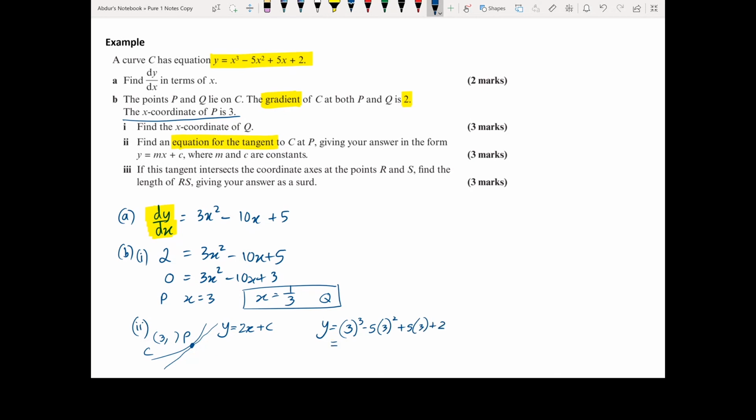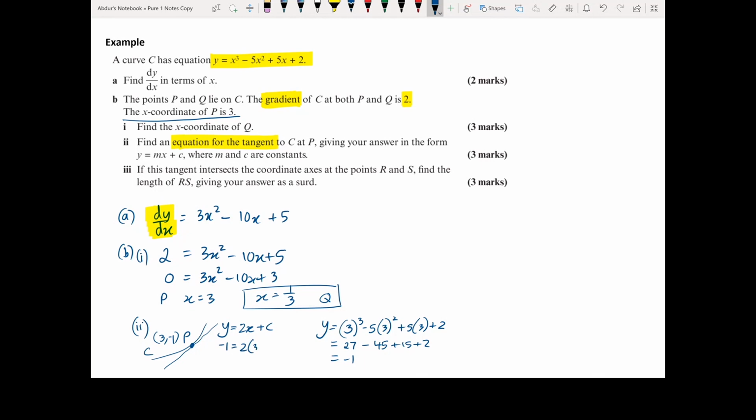This gives us 27 minus 45 plus 15 plus 2. That gets us minus 1. So the y value here is minus 1. Let's substitute this x and y coordinate into our y equals 2x plus c, which is the equation of the tangent.